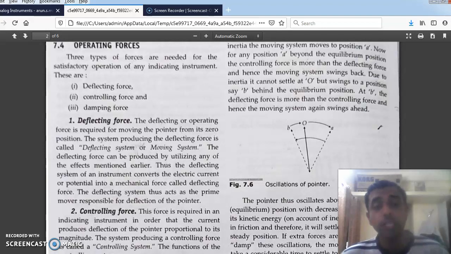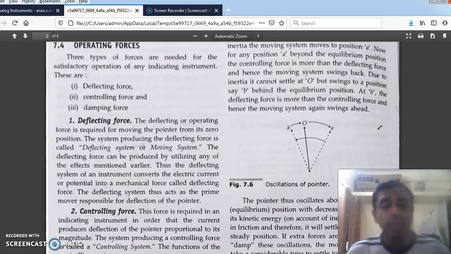And last, some indicating instruments use the Hall effect. I know you know what is Hall effect. That is, if current is carried by a conductor, and in the transverse direction we have a uniform magnetic field, then an EMF will be generated across the other two ends. So that is what is called the Hall effect. Hall effect has its own Hall coefficient.